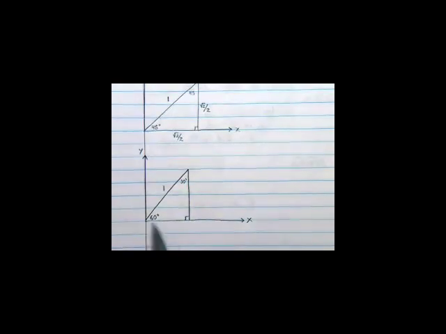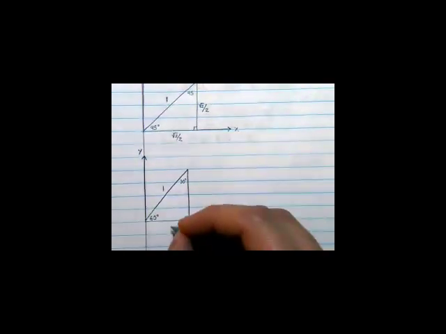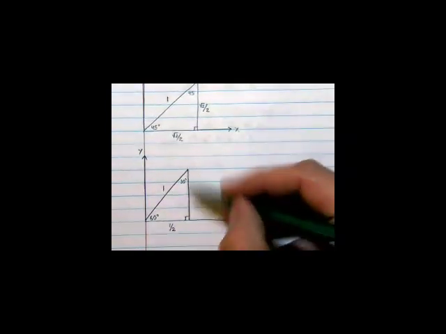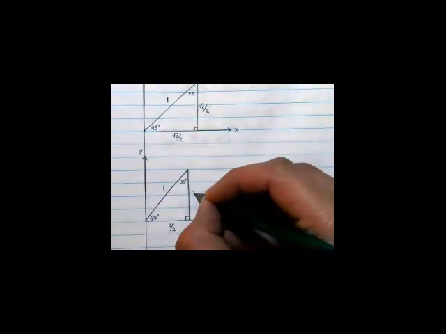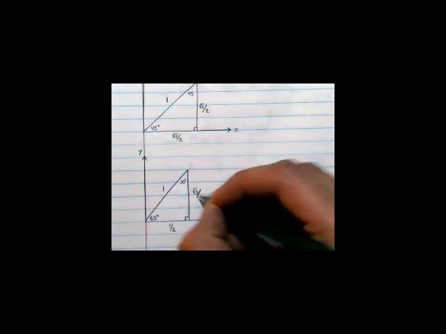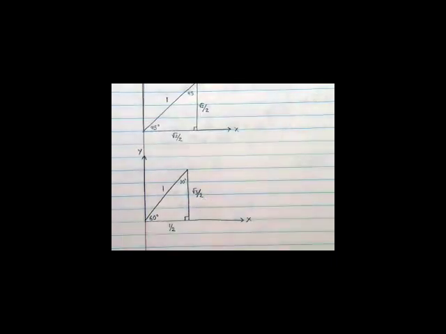So, the short leg of this triangle, if the hypotenuse is 1, should be what? Yeah, 1/2. And the long leg of this thing, then, should be what? You're close. Square root 3 over, not 1, but 2.